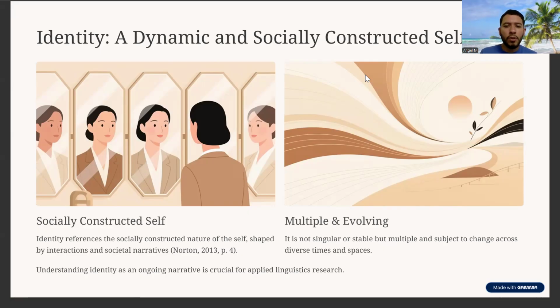Identity is multiple and evolving. It's not singular or stable, but multiple and subject to change across diverse times and spaces. Understanding identity as an ongoing narrative is crucial for applied linguistics research. This part is so important to understand our world better.